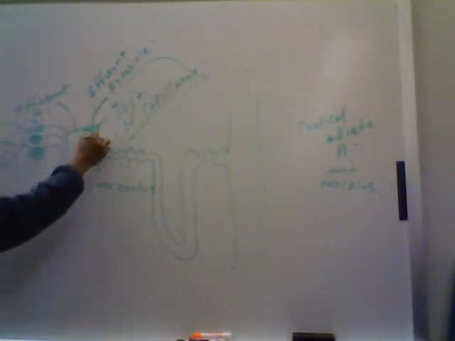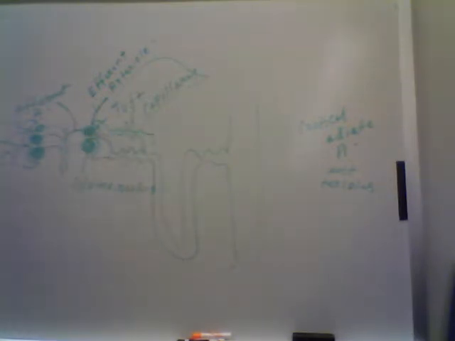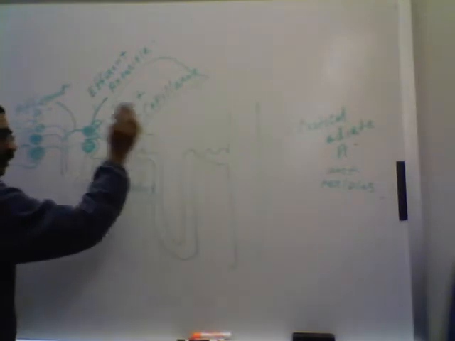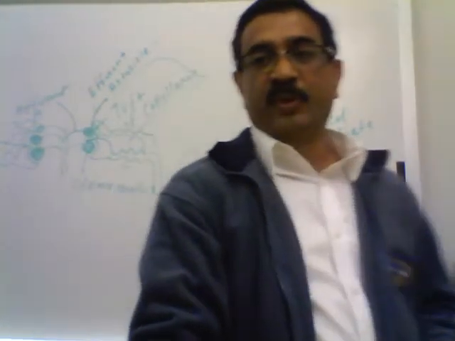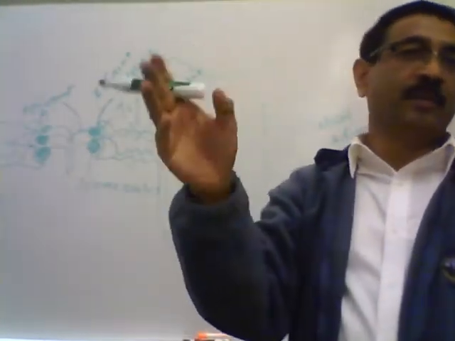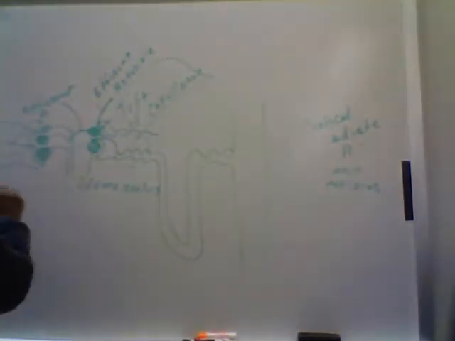So from each glomerulus, a nephron starts. Now, nephron is the functional unit of the kidney. That means a nephron can produce urine individually. Each nephron produces urine.